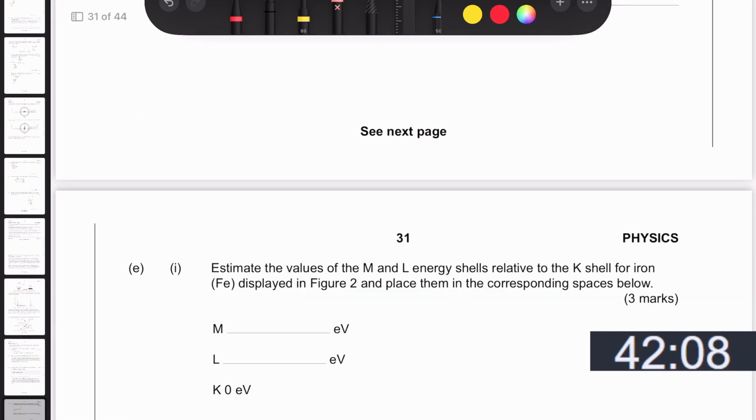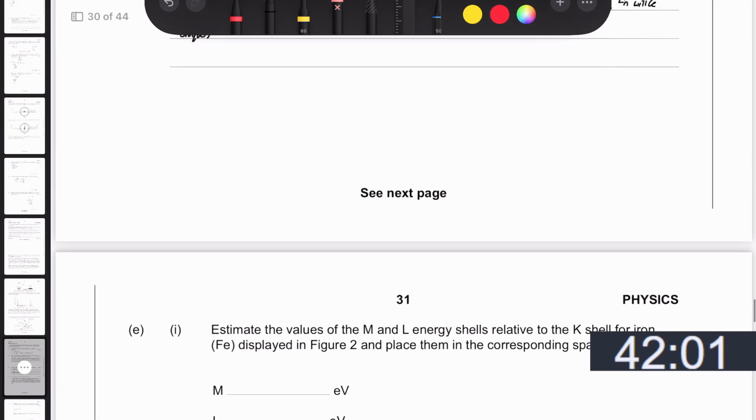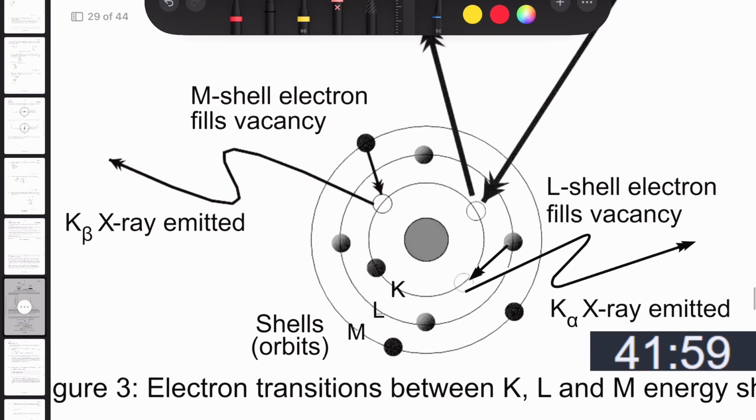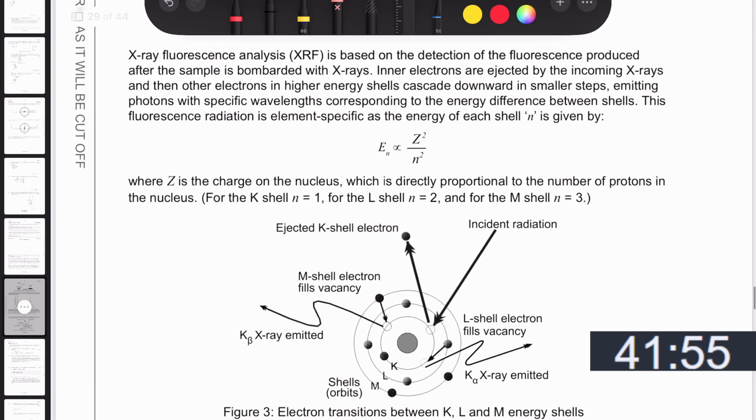Estimate the values of M and L relative to the K shell for iron displayed in figure 2. Place them in the corresponding spaces below. Oh, okay. So it needs to be Z. What number is iron? Do I have a periodic table? I don't have a periodic table on this. Okay, let me see.